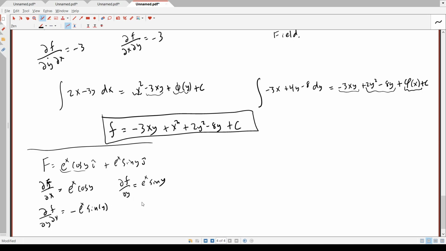I'm going to do the derivative of this with respect to x, and I get, that doesn't change, e to the x sine y. Okay, so these are not the same, right? They're close, they're negatives, but they're not the same. So this is not equal to this.